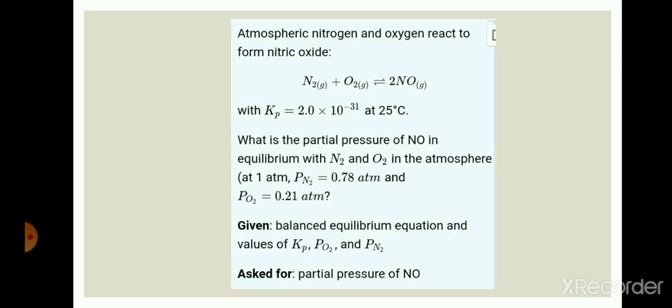The last is problem number 5. Here, the given is the balanced equilibrium equation and the values of K, PO2, and PN2. The equation is already balanced. What is asked is the partial pressure of nitric oxide.